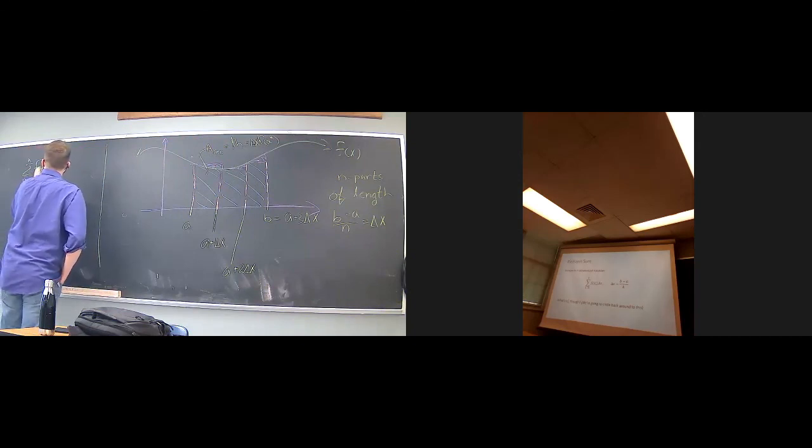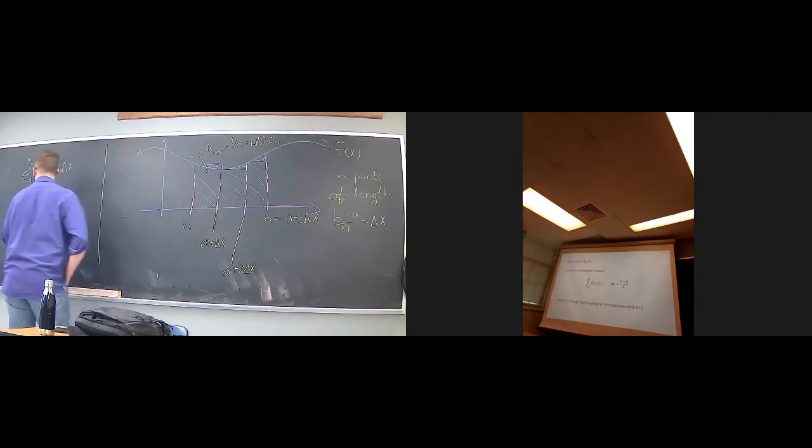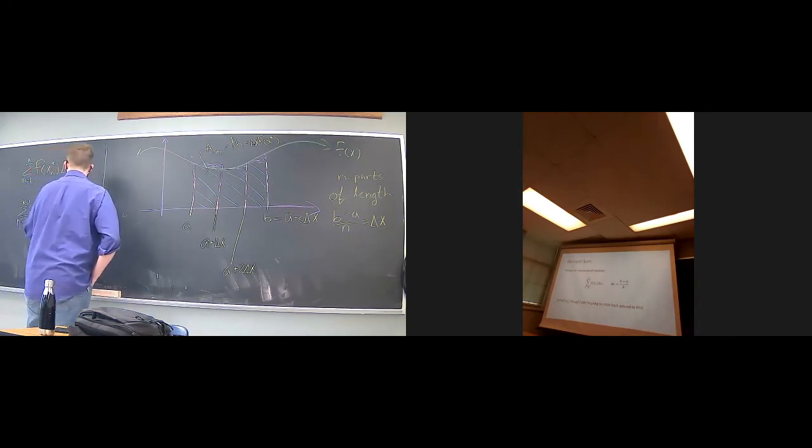It should have been the sum from n equal to 1 to k of f of x star times delta x, or equivalently, the sum from n equal to 0 to k minus 1 of f of x n star delta x.